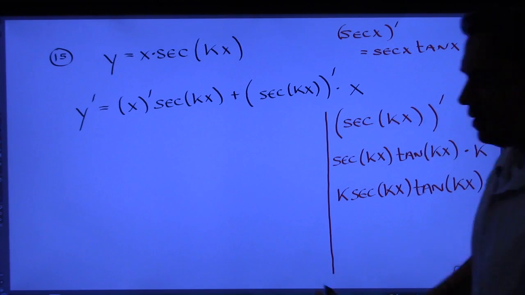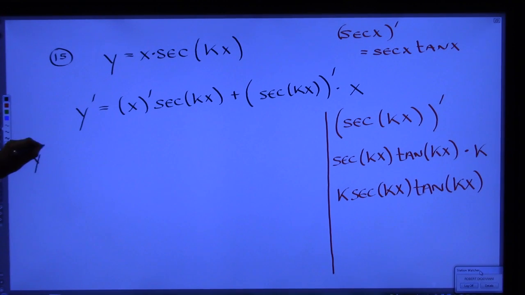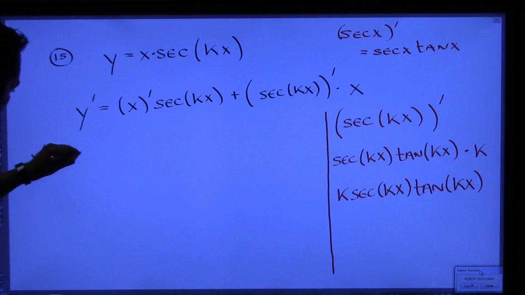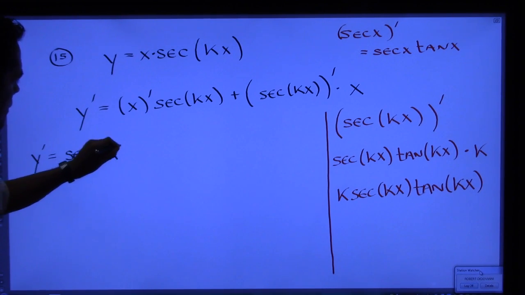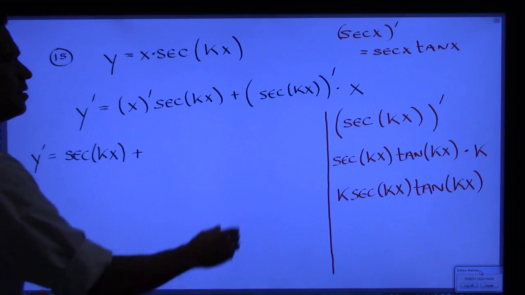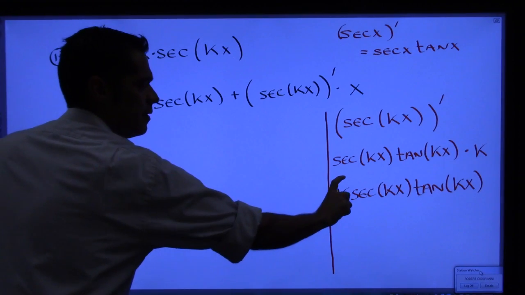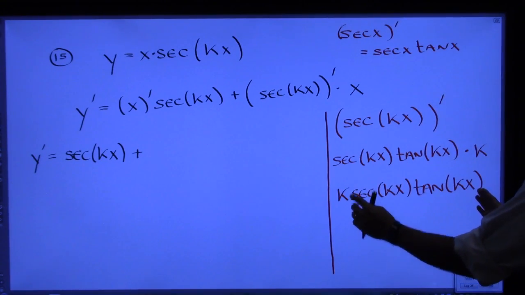So now I'm going to come back over here. I'm going to say y prime equals, this was 1 times secant kx plus the derivative of this times x. So here was the derivative of this right here, all of this. But I'm going to take that and multiply that times x.